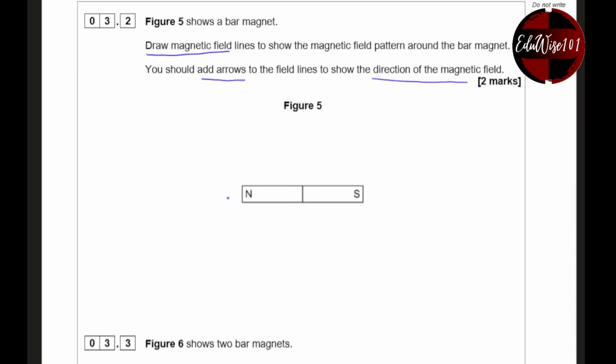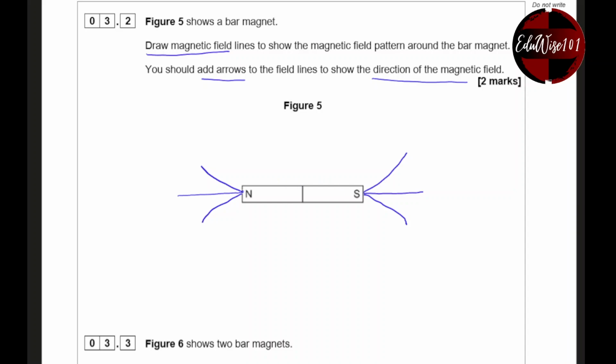Here they have given you a bar magnet, a rectangular shaped bar magnet. So first of all, you would draw 2 straight lines on both sides to show that the line in the middle is going in a straight line. Then you would draw 2 curved lines on both sides. Doesn't have to be perfect.